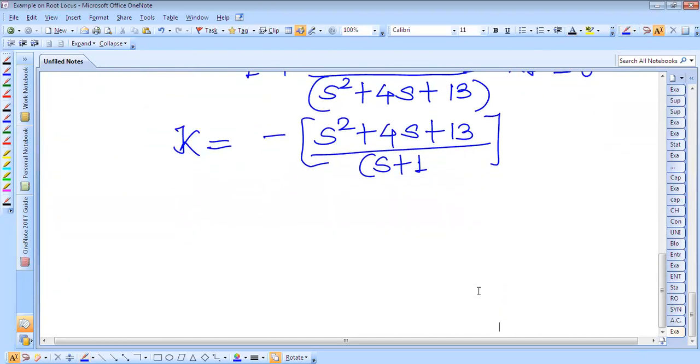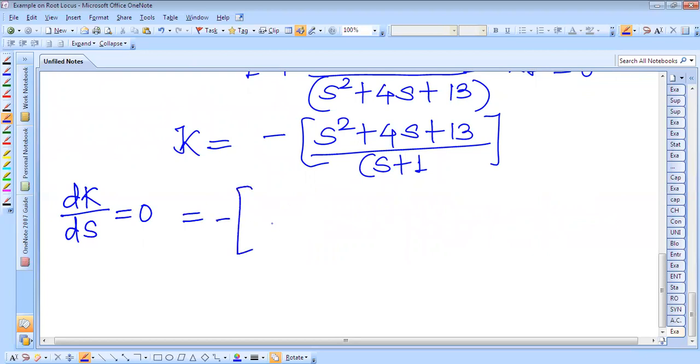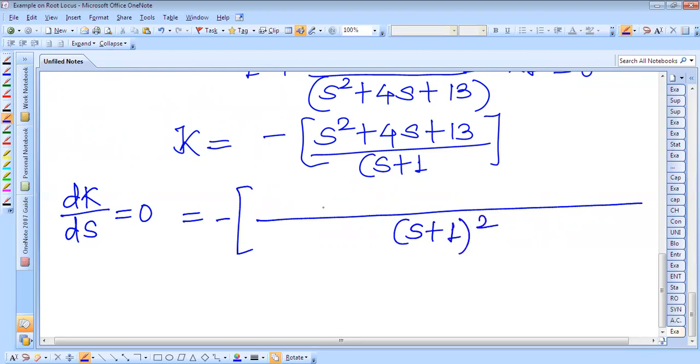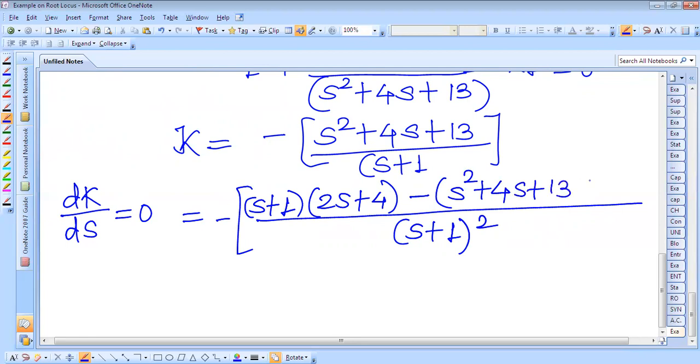Now we have to differentiate this with respect to s, and we have to equate it to 0. The differentiation of this is s plus 1 whole square, s plus 1 into differentiation of this, which is 2s plus 4, minus this s square plus 4s plus 13 into 1.